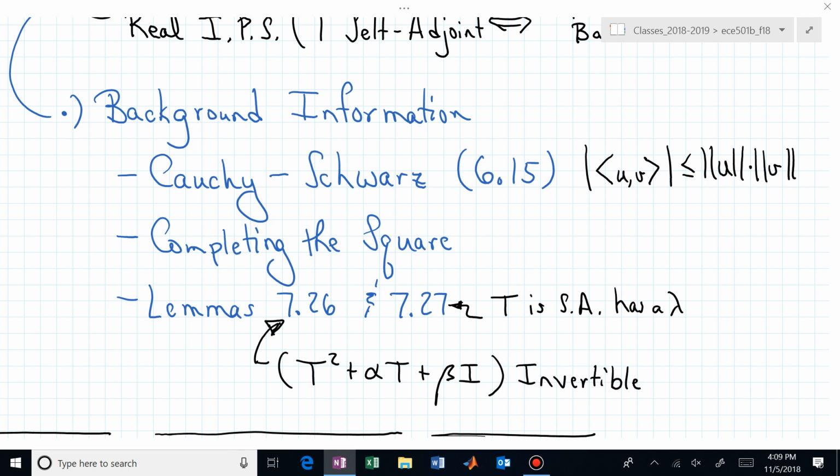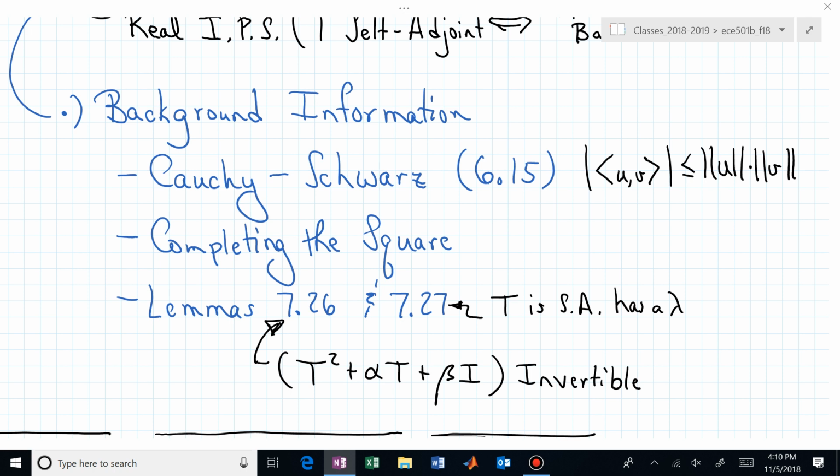So that idea helps us generalize from this elementary school notion of completing the square, so that we can use that and some other lemmas, which are lower forms of theorems. We have lemma 7.26, which says that this quadratic looking linear map, T squared plus alpha T plus beta I, is invertible under certain conditions between alpha and beta. And when T is self-adjoint, then it has an eigenvalue.